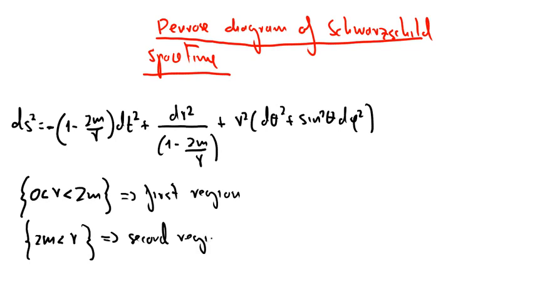Okay, we can just keep this terminology, because r equal to M is a coordinate singularity. This is very well known. So what this means for us is that we need to construct Penrose diagrams for each of these regions.